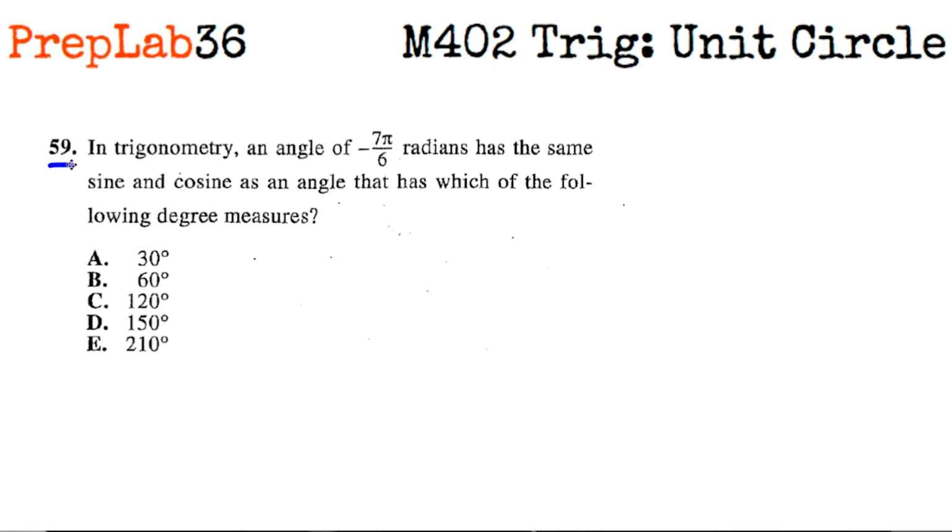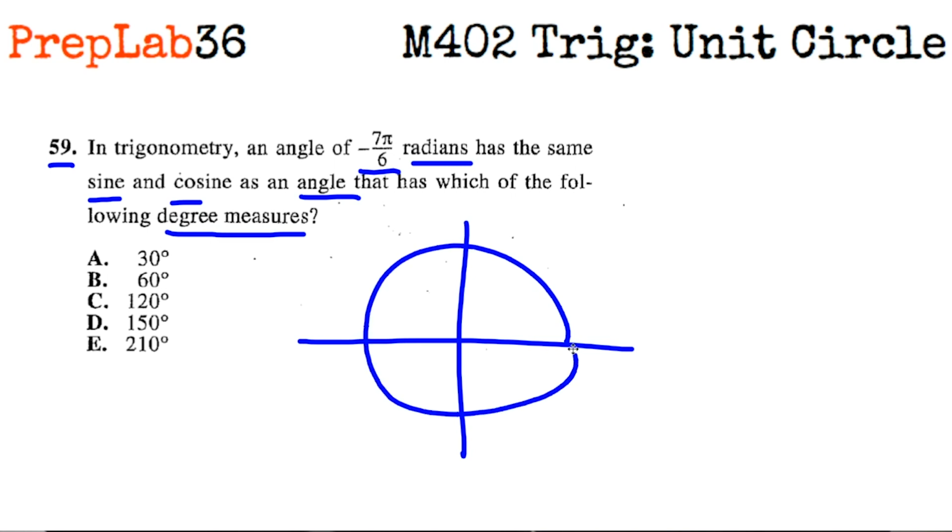This is a number 59 out of 60, so it's supposed to be really hard. And it says, in trigonometry, an angle of negative 7 pi over 6 radians has the same sine and cosine as an angle of which of the following degree measurements. So if I draw a unit circle, negative 7 over 6 pi takes me right here.